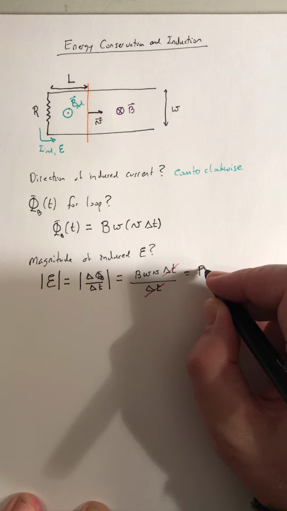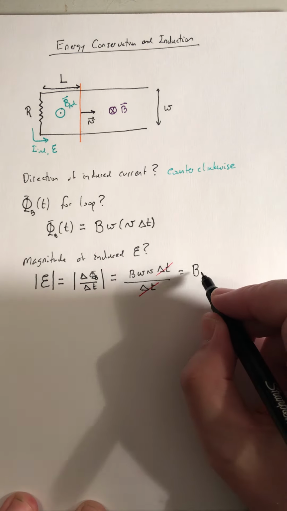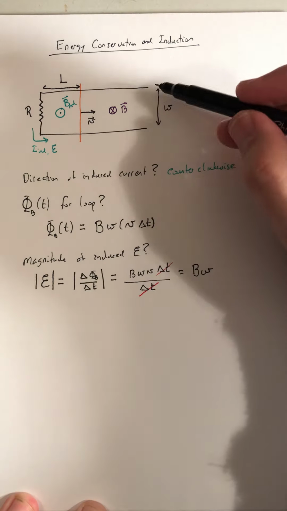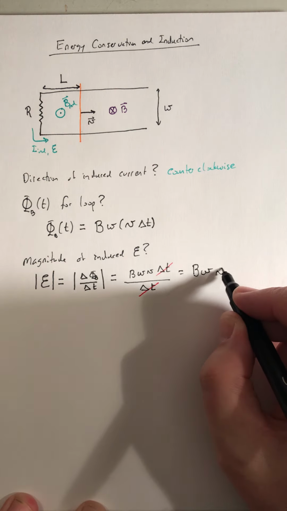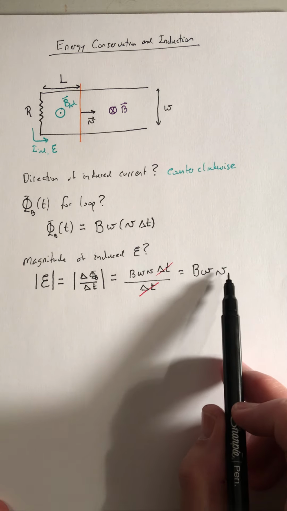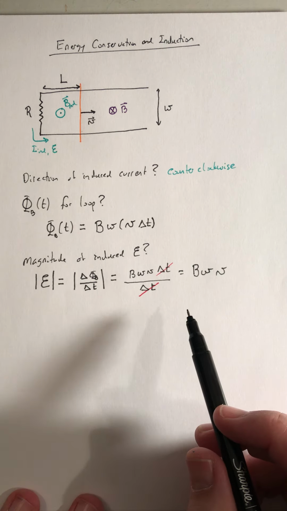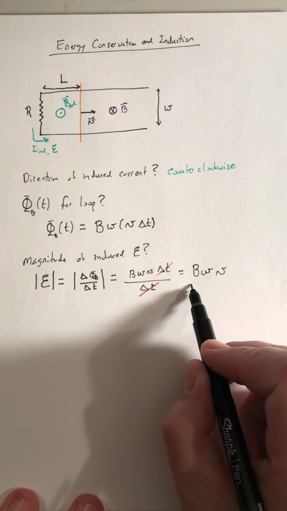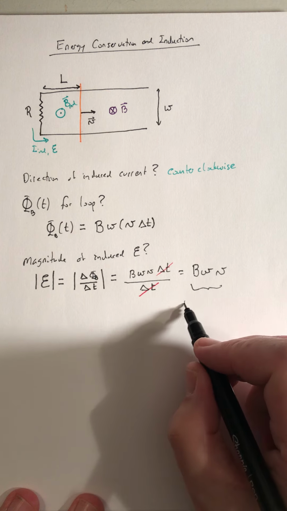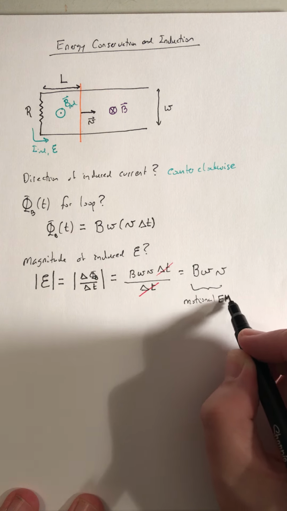That will be the magnitude of the magnetic field, the width of the loop, times the speed. And it's this speed that is causing the area of the loop to change, which causes the flux to change. You might recognize this. This looks just like our motional EMF.